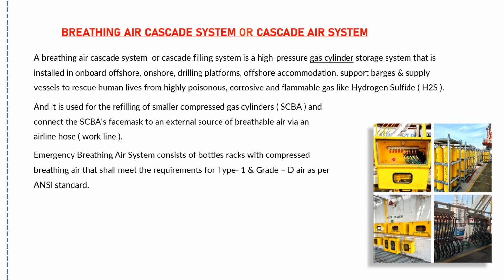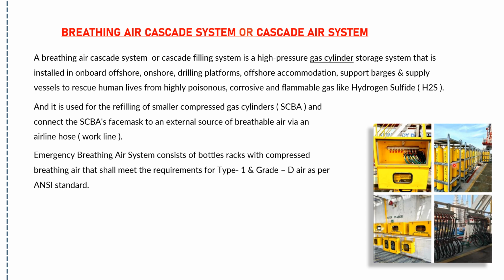When there is a high concentration of H2S, or the percentage of oxygen is less than 19.5, and the workers have to work and need breathable air, they get it from this system.